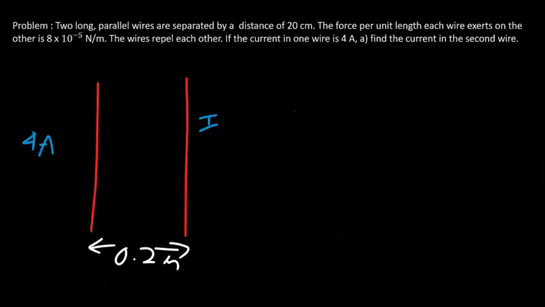Let's look at the following problem. Two long parallel wires are separated by a distance of 20 cm, 0.2 meter. The force per unit length that each wire exerts on the other is 8 times 10 to the power minus 5 newton per meter. Note the unit. This is not force, it's force per unit length, that little f that we talked about in our previous slide.